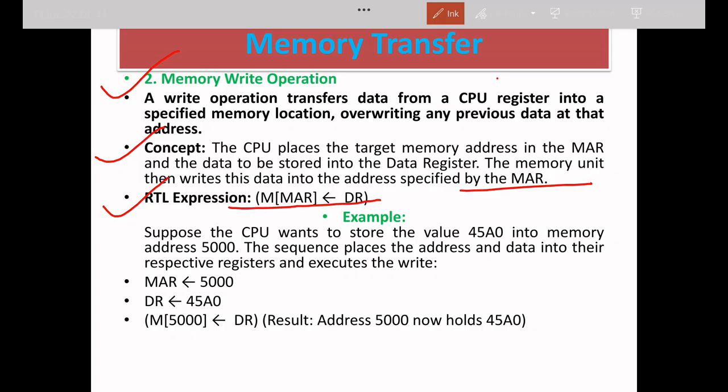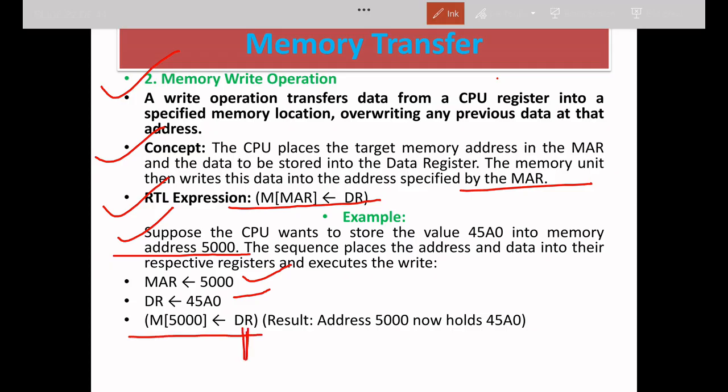Now see here, suppose you have an example. Suppose the CPU wants to store the value 45A0 into memory address 5000. The sequence places the address and the data into their respective registers and executes the write. So MAR 5000 and DR 45A0. What is the meaning of this?